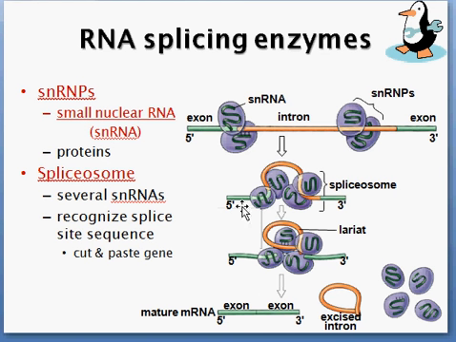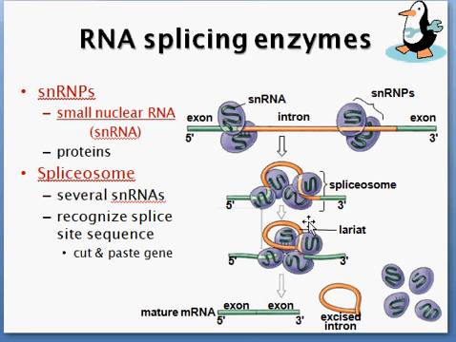And this is the action again that we get in pulling out the intron. You'll have two groupings in this picture of snRNAs that together will make up this spliceosome complex that is able to pull out this excised intron.